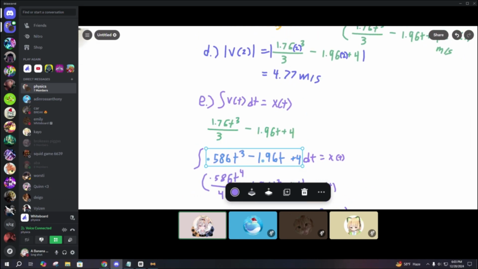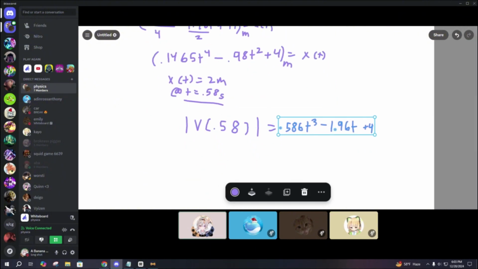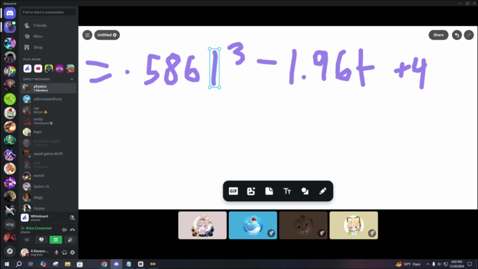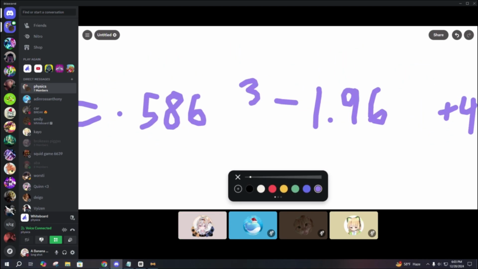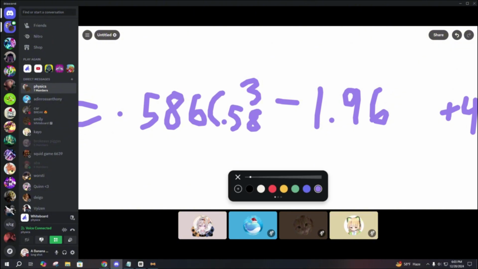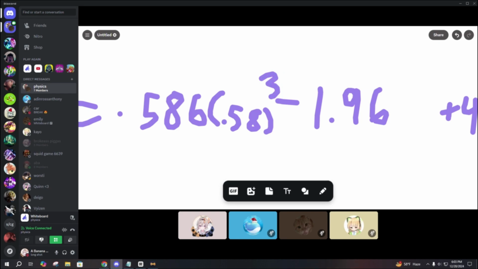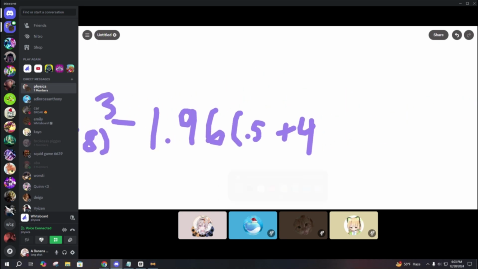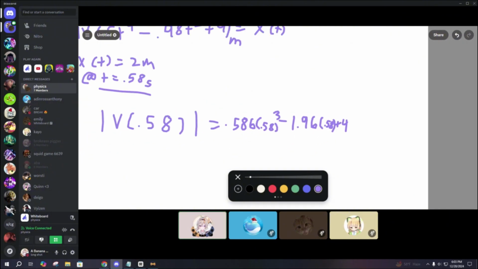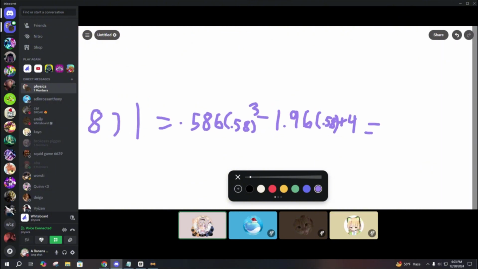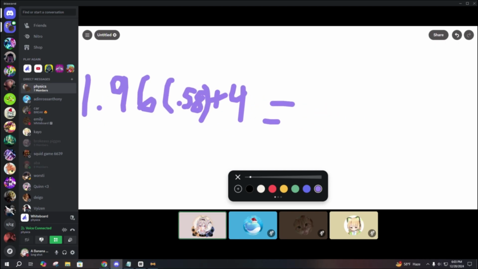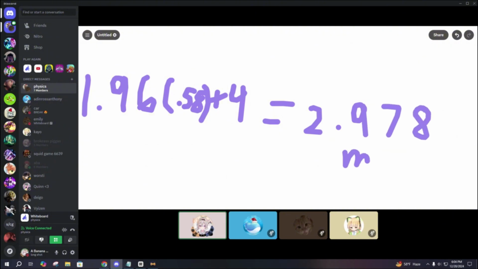I bring that down, and that's at 0.58. When I solve that, it gets me the speed at the position of 2 meters to be 2.978 meters per second.